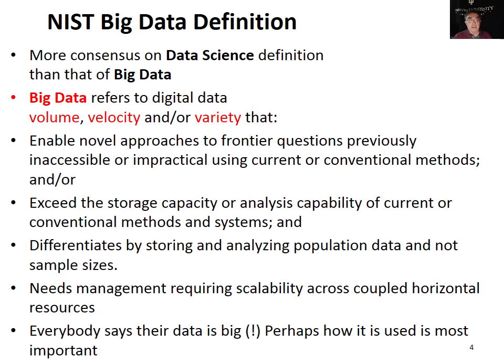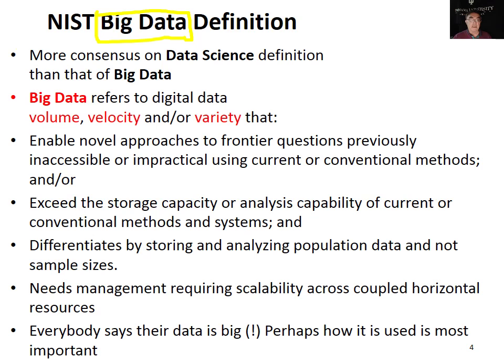So first, we'll discuss some amusing or interesting results from the taxonomy and definitions working group. In particular, 2 things they studied were the definition of big data and the definition of data science.